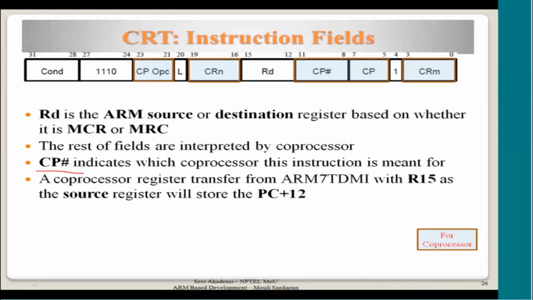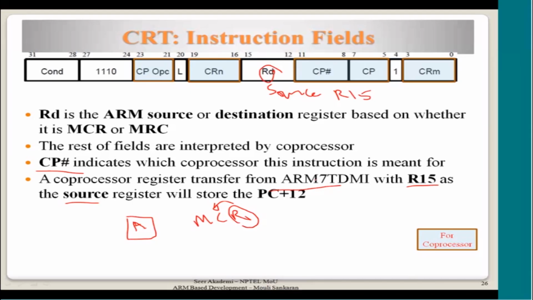Now one more thing: suppose in a register transfer you are doing it with R15 as the source register. Suppose you want to do MCR, an ARM register to a coprocessor register, and the register you are mentioning on the ARM side, the source register Rd, is R15.